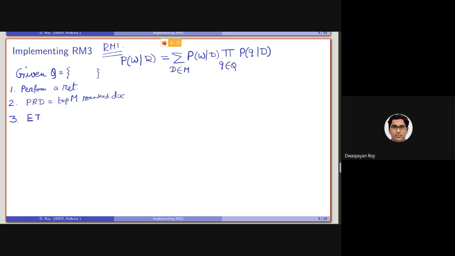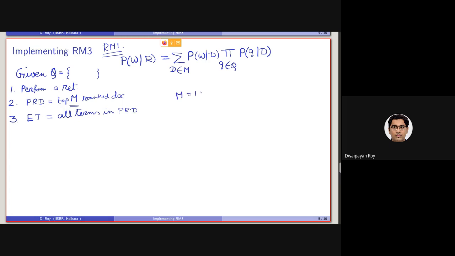write it as a PET, potential expansion term, as basically all terms in PRD. So let's consider the top M document. Let's say the value of M is, say, 10.